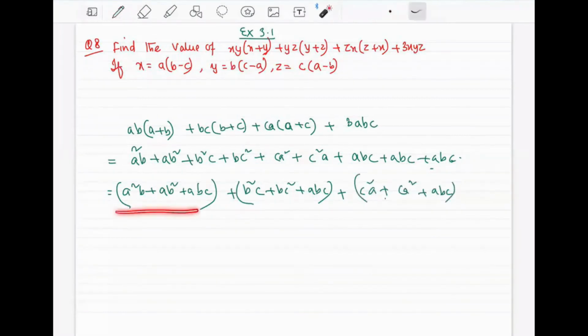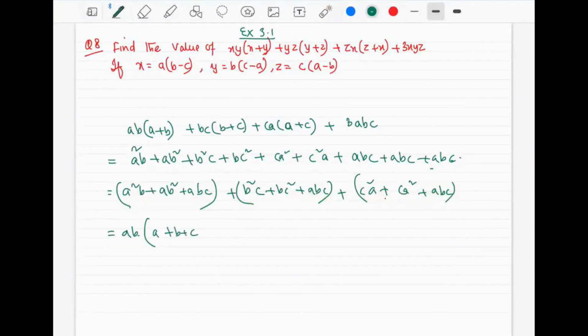Then we take common factor from all these three. We take ab common factor from the first bracket, this bracket right here. We take ab, bc from here, ca from here, plus b plus c remaining. You can check it later also. I'm just doing it a little bit faster. b plus c plus a.